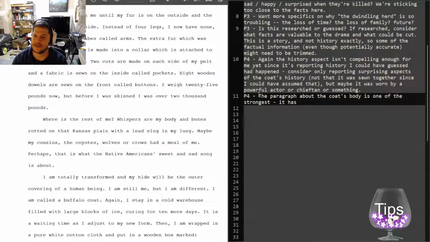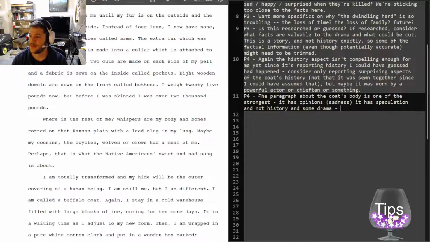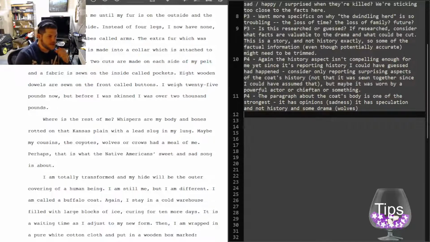It has opinions, sadness. It's a sweet, sad song. It has speculation and not history, and some drama. Wolves. So I think this is one of the stronger paragraphs you have, and I would lean into that.